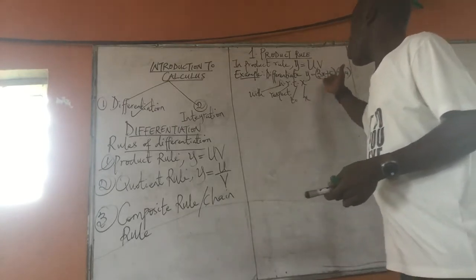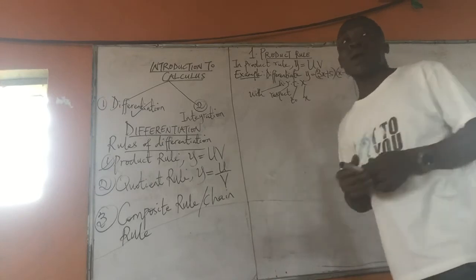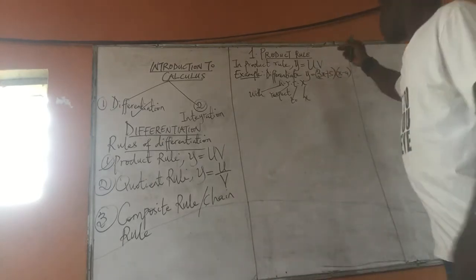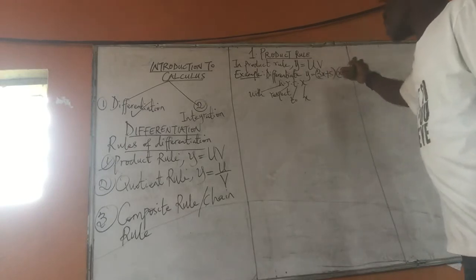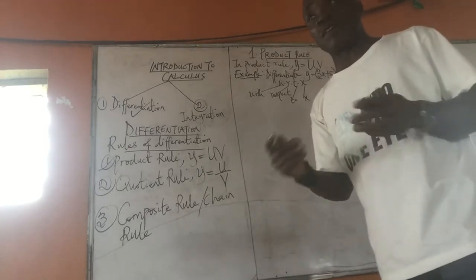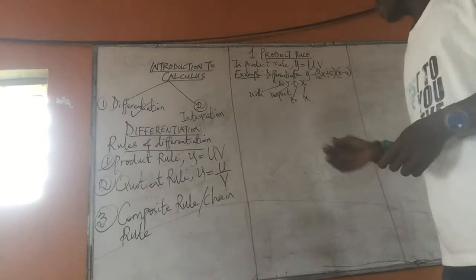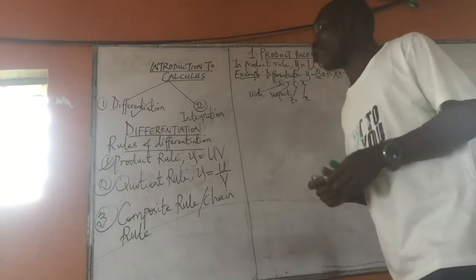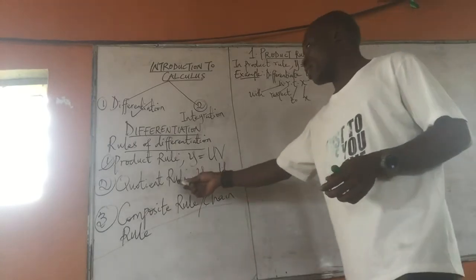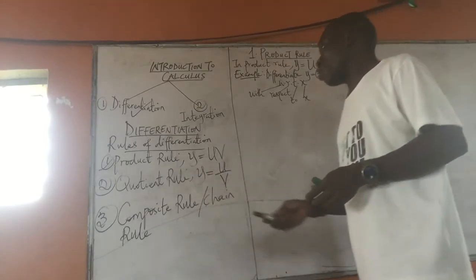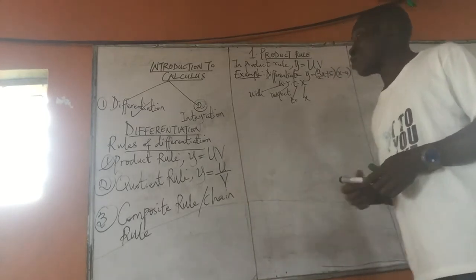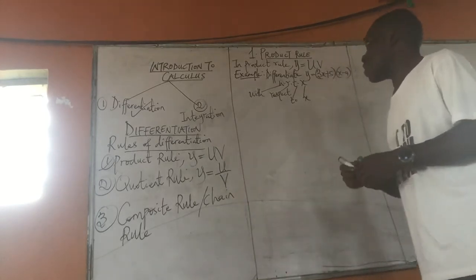Like we all know, we have two parameters here, the first parameter multiplying the second parameter. That makes it a product. When the two parameters are dividing each other, we don't call it a product anymore, we call it a quotient. We don't use the formula for product for quotient, and we don't use the formula for quotient for product.